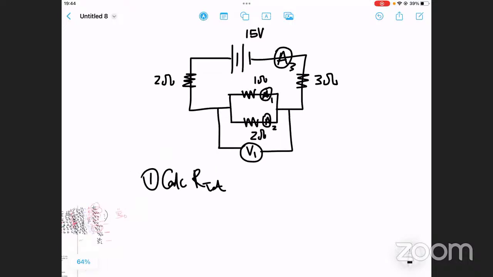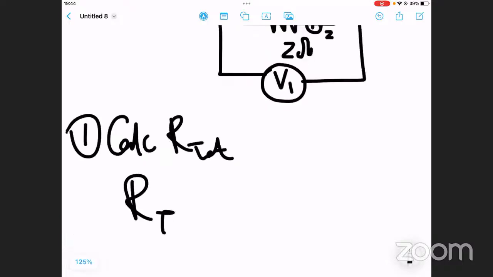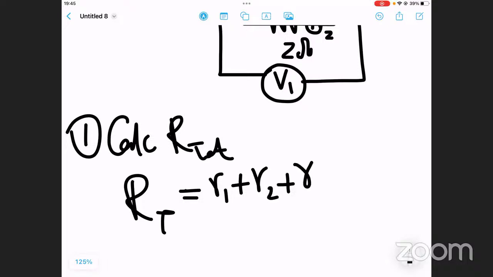Okay, so for me, if I have to do the R total, what I know is that it's only one formula to calculate R total. You must take R1, you plus it with the other R, and with the other R's, which may be connected.